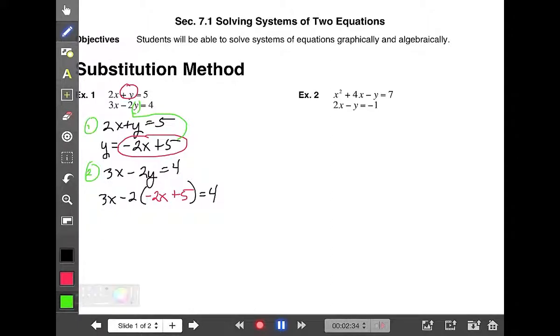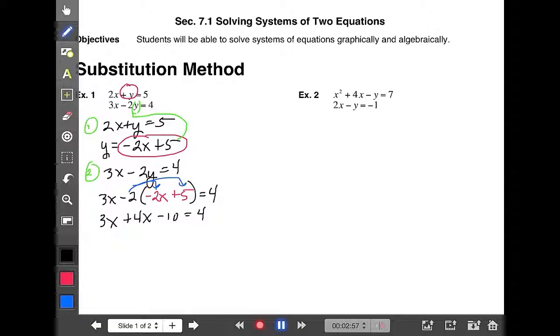Be careful, you are distributing a negative into the parentheses. So you get 3x, a negative 2 times a negative 2x gives you a positive 4x, and then a negative 2 times a positive 5 gives you a negative 10 equals 4.